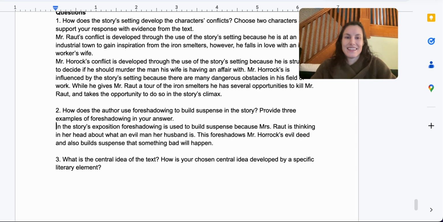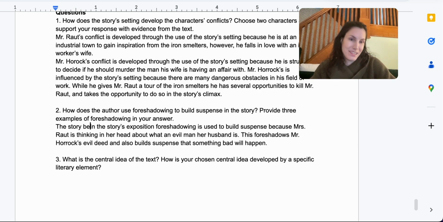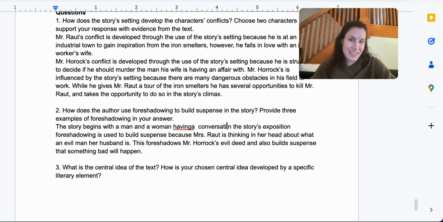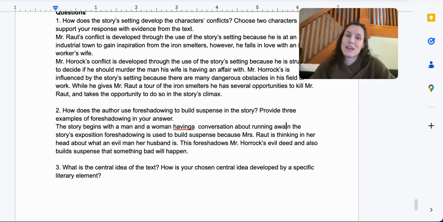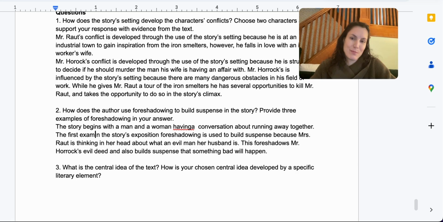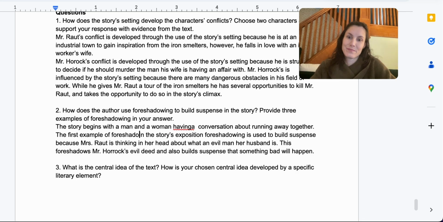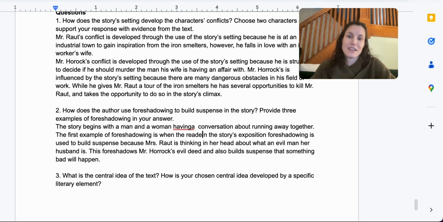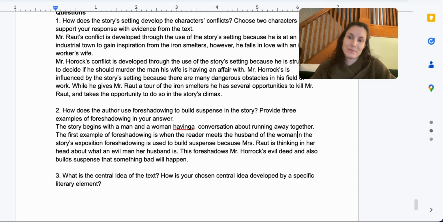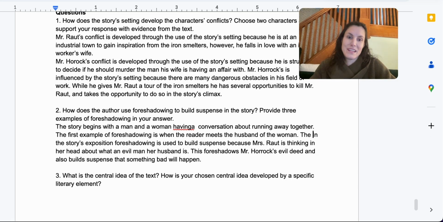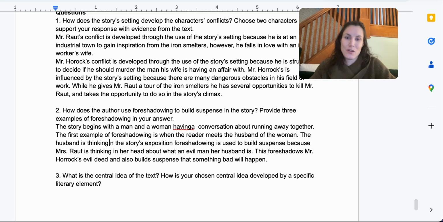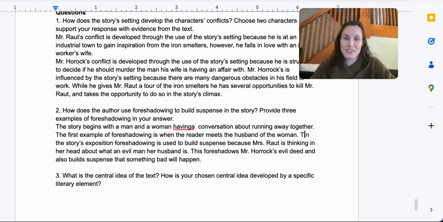we could say, the story begins with a man and a woman having a conversation about running away together. The first example of foreshadowing is when the reader meets the husband of the woman. The husband is thinking, or we'll say H.G. Wells, because that's our author here.